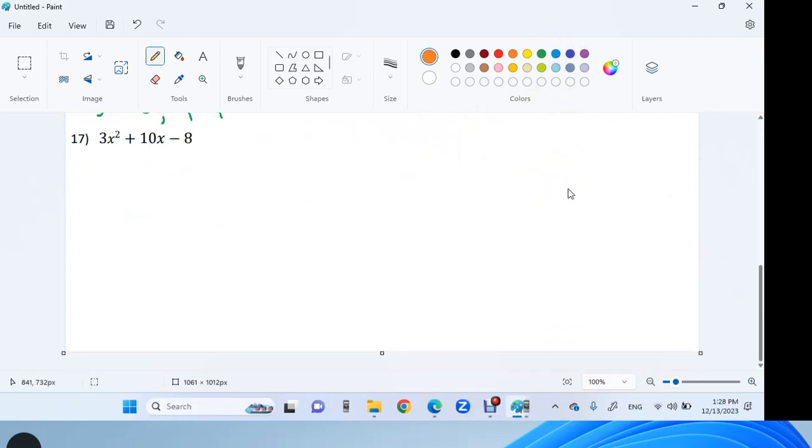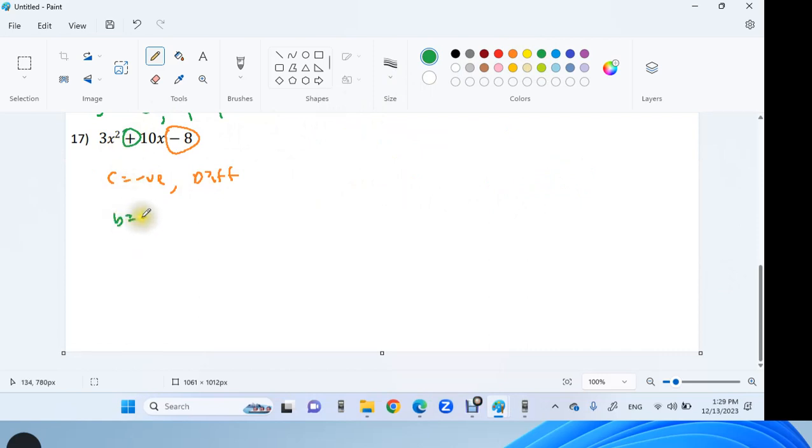Okay, so for this one, C is negative, so they have a different sign. And then B is positive value, so the larger one will be positive. So for x, we have one possible only, that is x times 3x. And the 8, it can be 1 times 8, 8 times 1, 2 times 4, and 4 times 2.